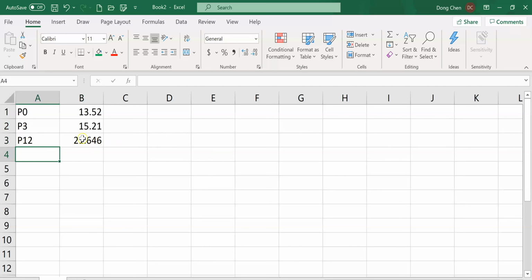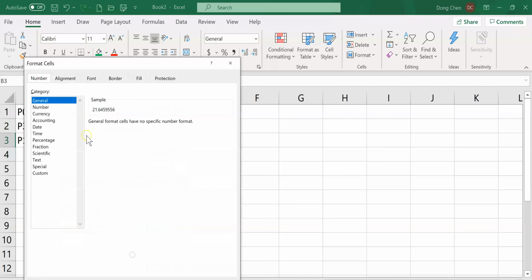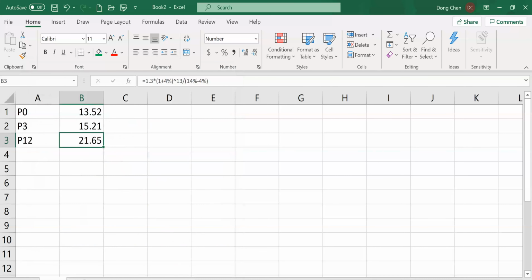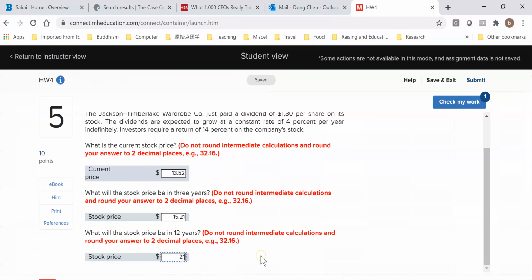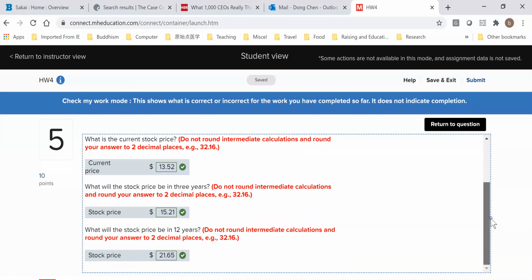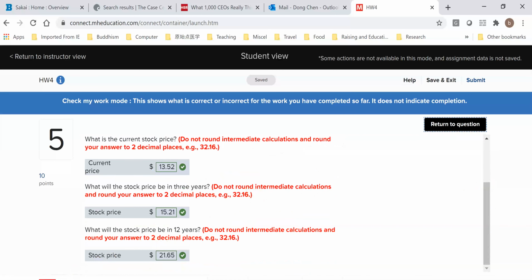Again, I need to change the format to keep only 2 decimal places. So this will give me 21.65. Now let me check my work and see whether we got the right answer. I think we did. All right.